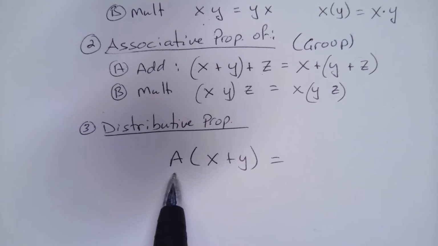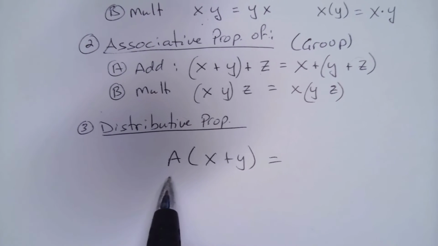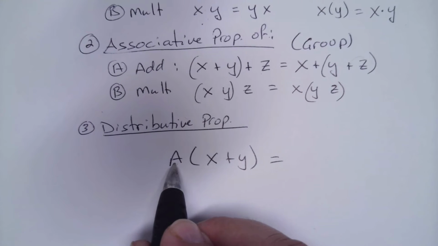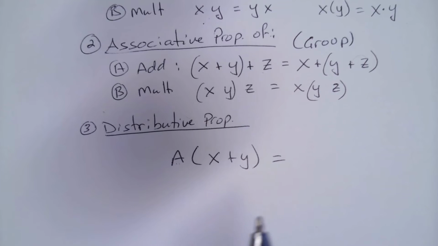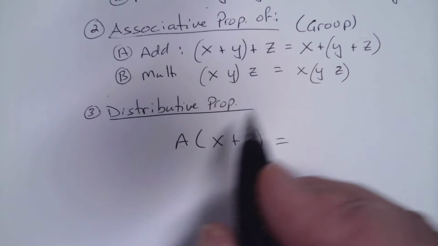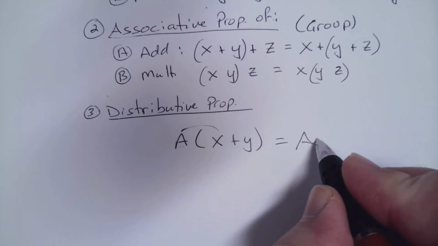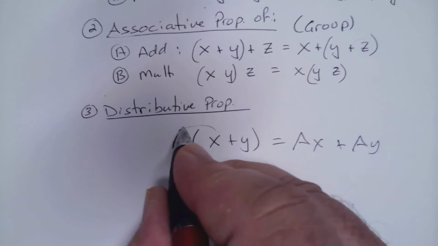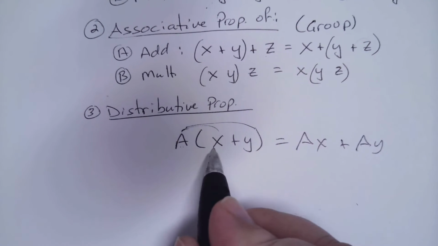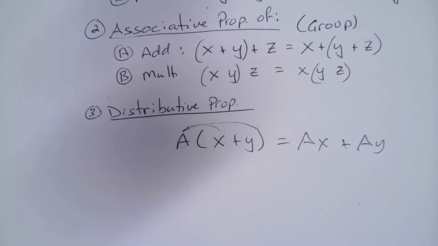What's this number in front called? Coefficient. So it says a times x plus y, which is ax plus ay. So multiply the coefficient to everybody inside the parentheses.